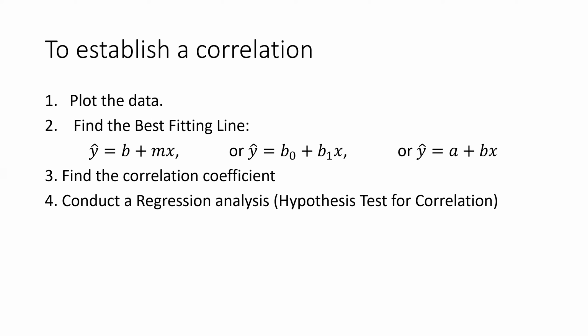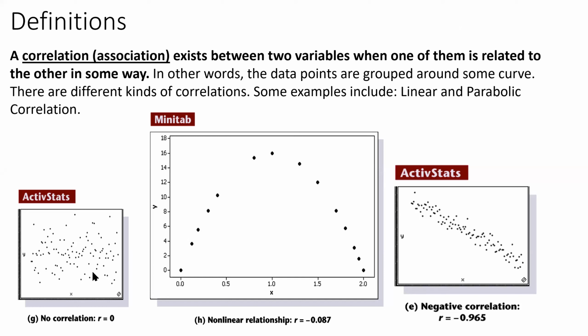Now, the truth is that technology will give you a line no matter what. Even if there is no correlation, technology will give you an equation of the line. So for example, if you look at this data set right here, we already mentioned that there is no correlation there.